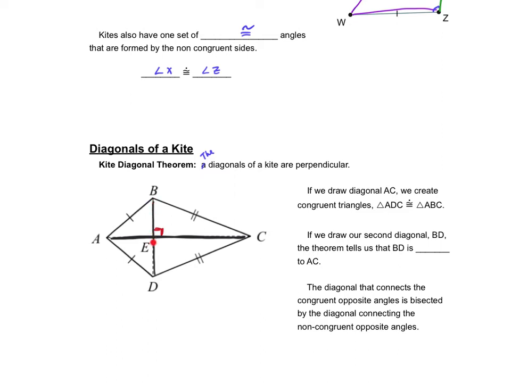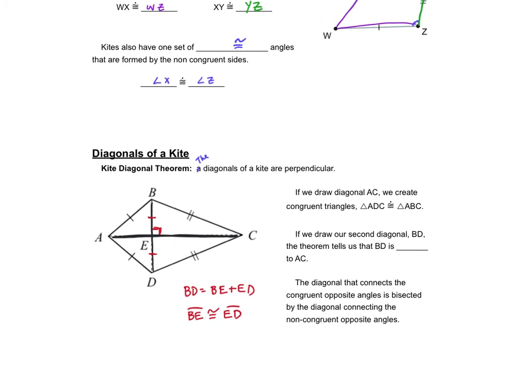That's telling us that this diagonal BD is bisected by AC, which simply means that it has been cut in half. So we know that DE and BE are congruent. BD is equal to BE plus ED, and we know that BE is congruent to ED. That's what they're telling us as we look at that image.